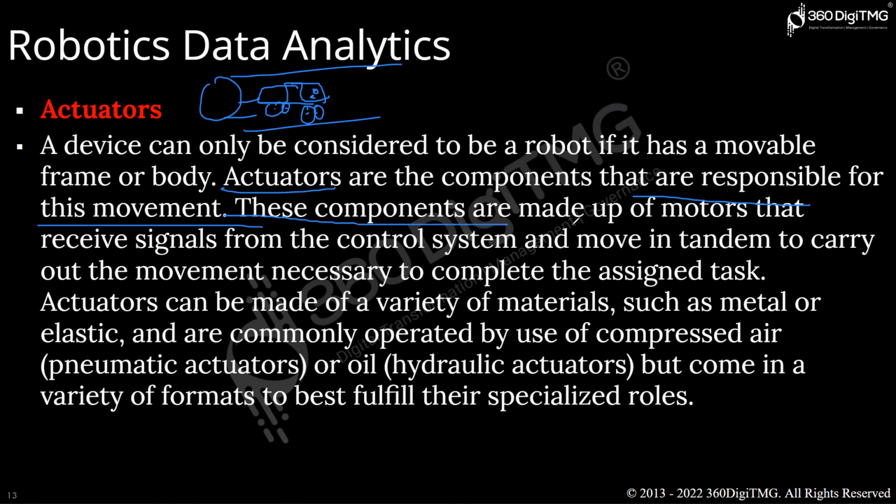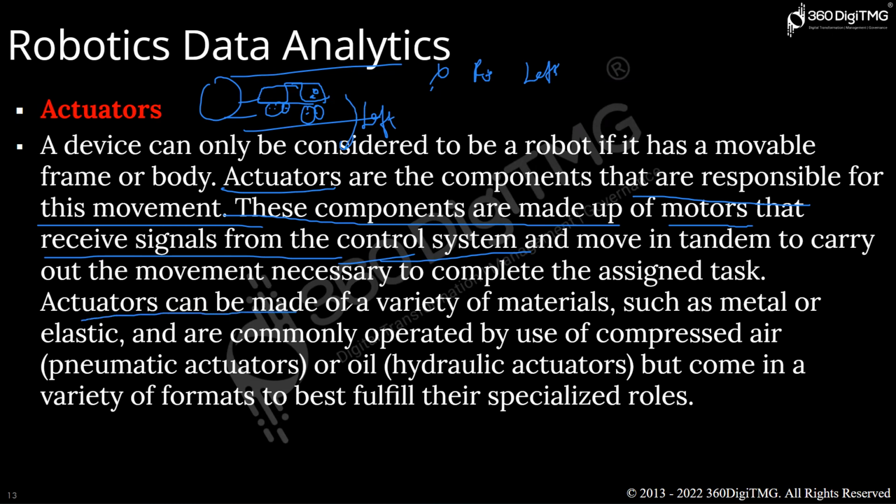These components are made up of motors that receive signals from the control system. Of course, actuators are not independent, guys. They're dependent. If you want the car to go right or go left, you give it in the control system, and if it moves to the left, that movement is done by the actuator, controlled by the control system.